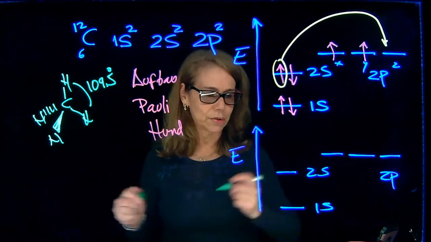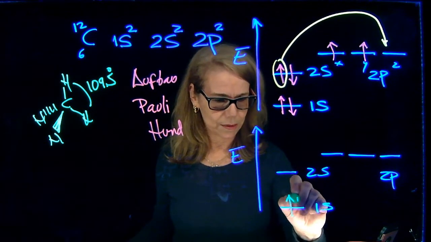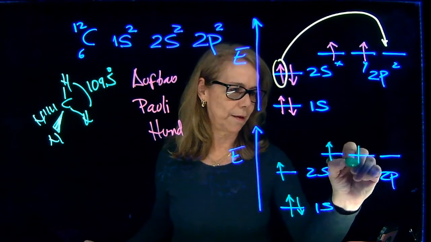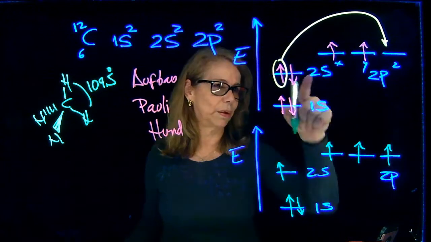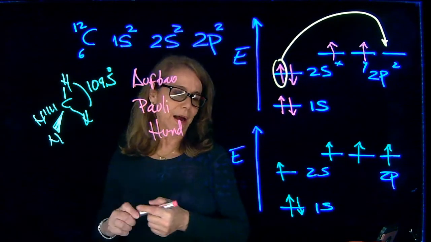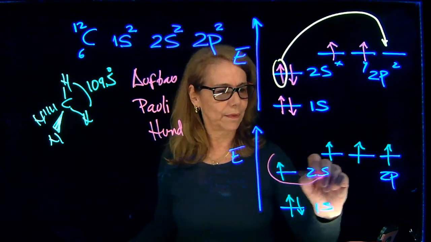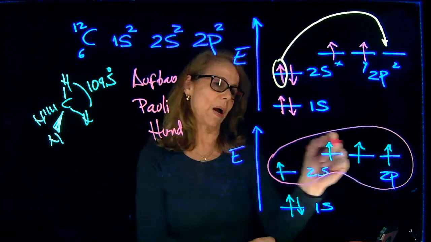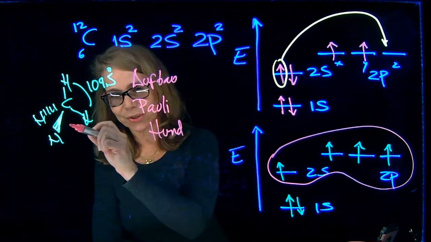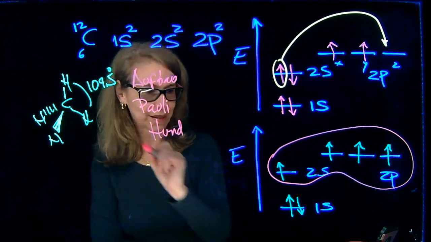Putting my electrons, I'm going to do 1, 2, and then here I have only 1 and 3, because remember, I moved one of those over here. Now, with this configuration, you can explain that carbon can make 4 bonds, but you cannot explain a geometry such as the one in methane having 4 identical bonds.